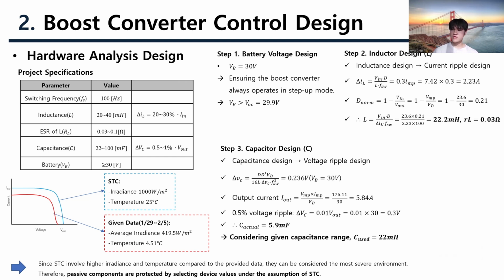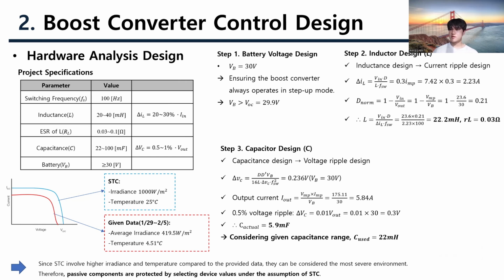The battery voltage was set to 30 volts, and this ensures the converter always operates in step-up mode, since VB must exceed VOC, which is 29.2 volts.